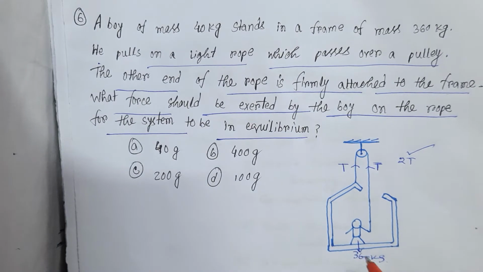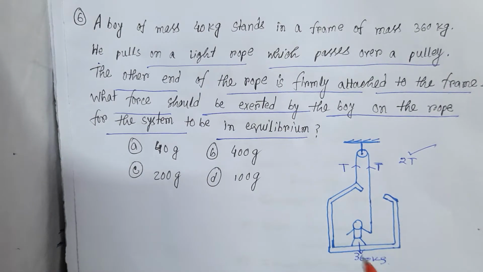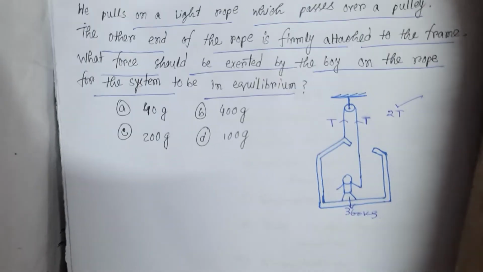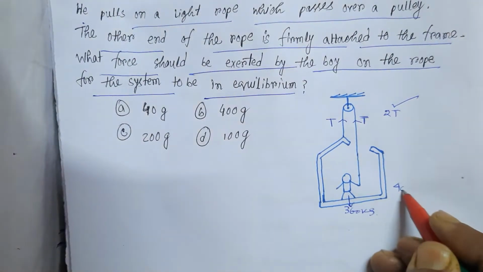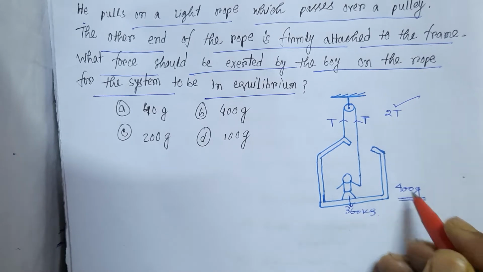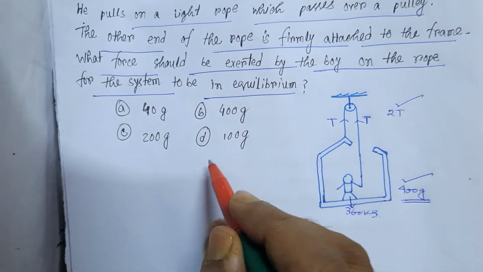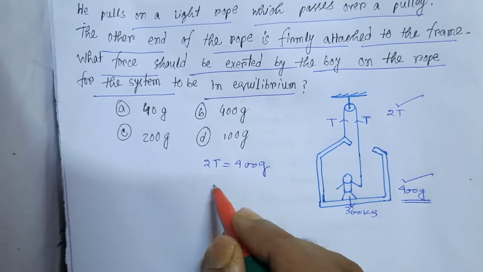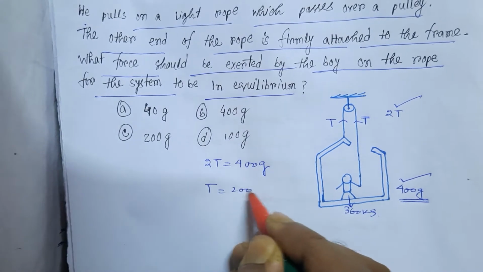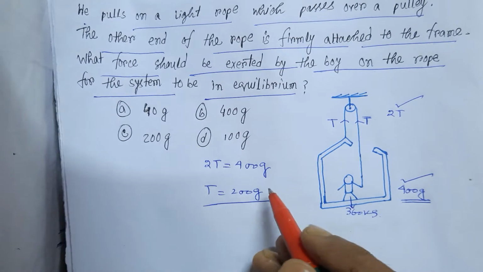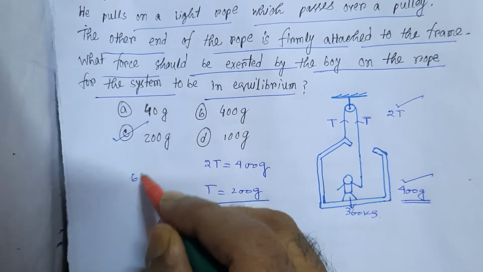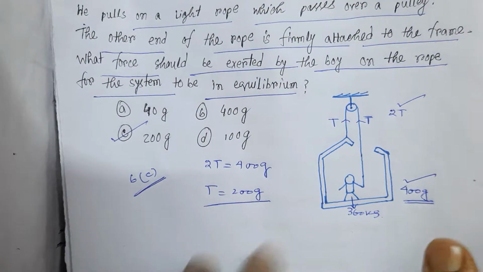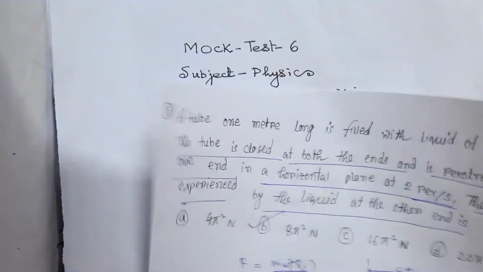So the total downward force acting is 360 kg plus 40 kg, so 400 kg weight, 400 g, is acting in the downward direction. So net external force: twice T equals 400 into g. So T is 200 g. So our correct option is C. So the correct answer to the question number 6 is C.